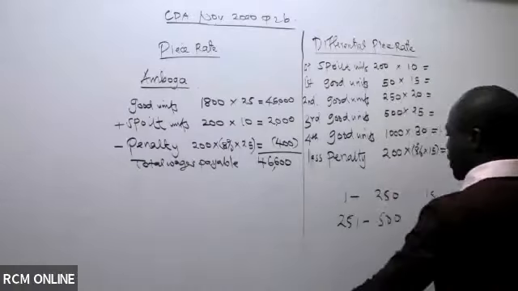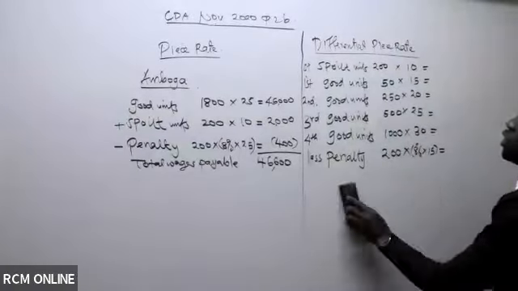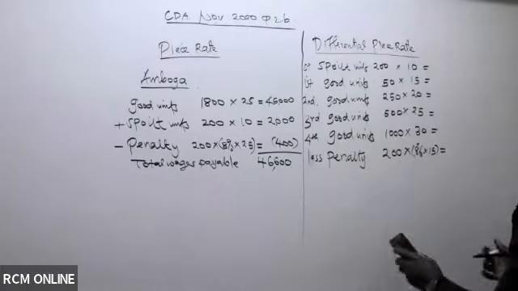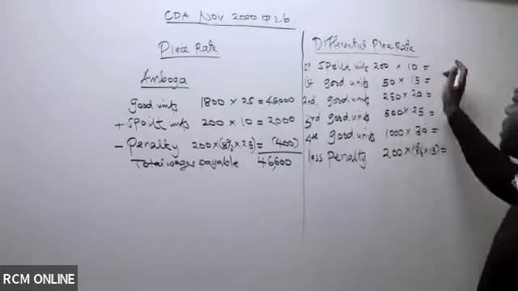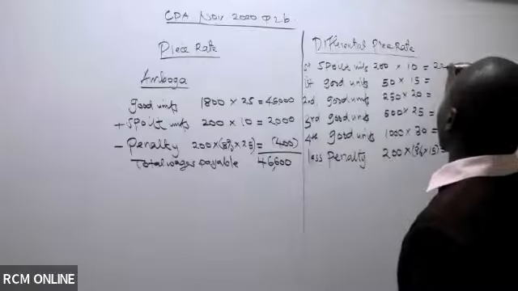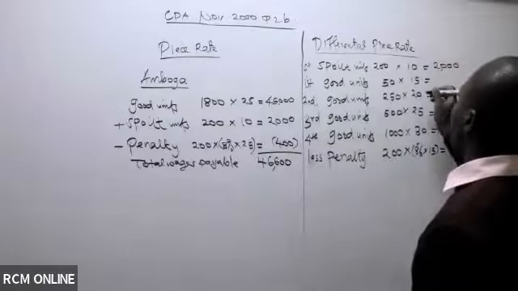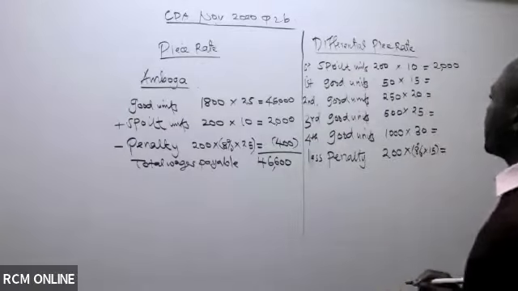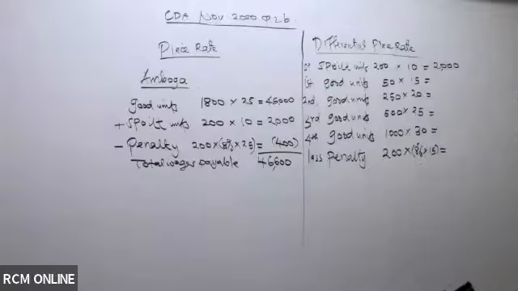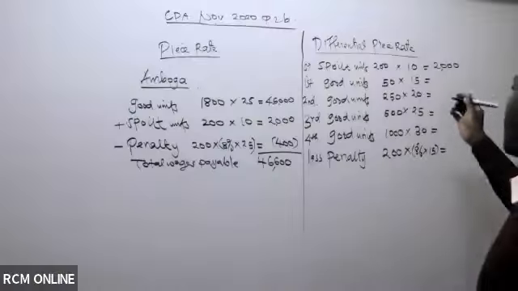So let's go ahead and get the total amount payable to Amboga under differential piece rate. We have 200 times 10, which gives me 2,000. We have 50 by 15, what are we getting? 750.